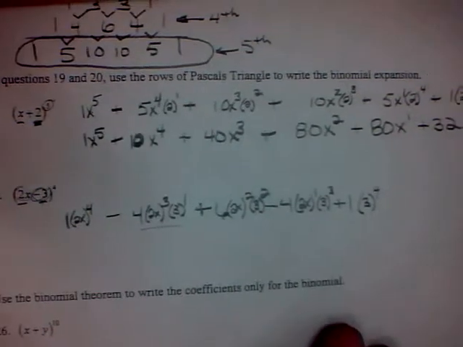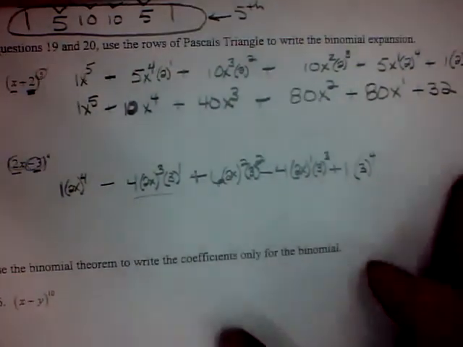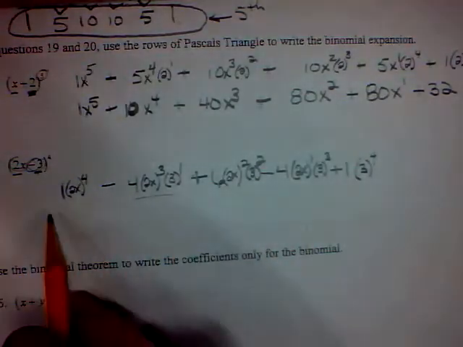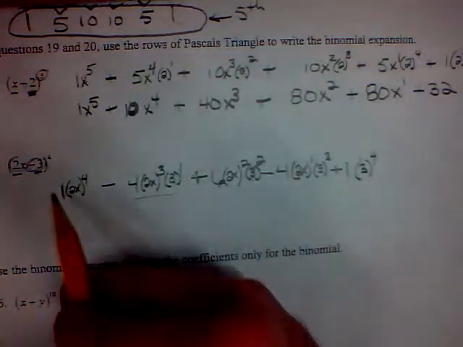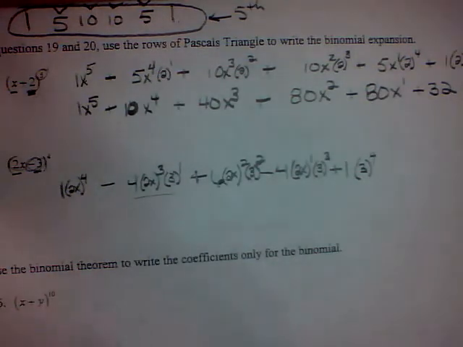Okay, so now all we have really left on this problem is to simplify all these down. Now the variable is not very tough. The variable is quite easy. The variable is just going to be whatever power it's raised to. The hard part on each of these is all the arithmetic.